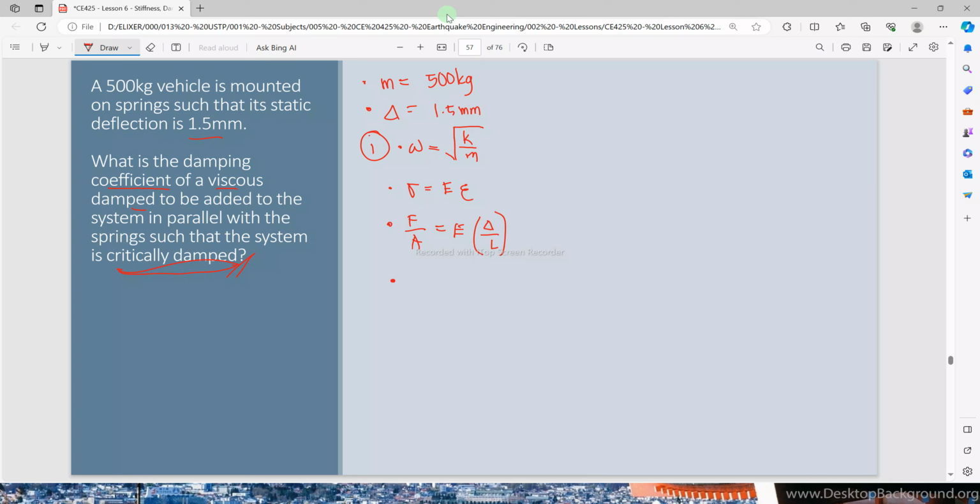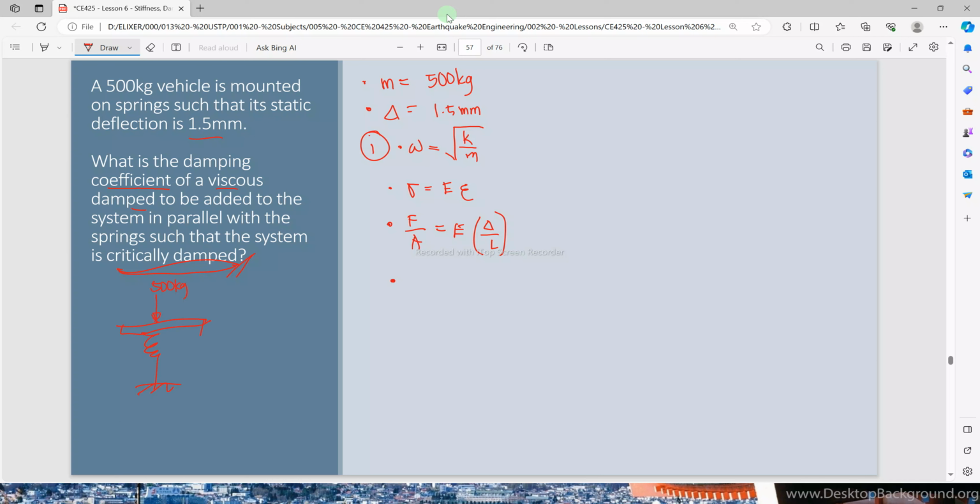Here, it says a 500 kilogram vehicle is mounted on springs such that its static deflection is 1.5 mm. So the vehicle is being mounted on a spring.